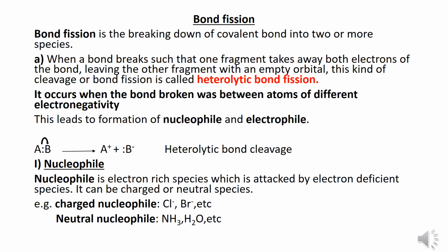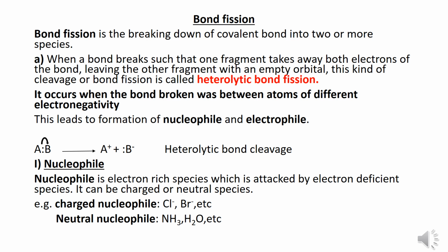So when there is different electronegativity, the atom with high electronegativity will attract the electrons from the covalent bond and leave the one with low electronegativity with an empty orbital. This results in the formation of a nucleophile and an electrophile, as you see in the representation of heterolytic bond cleavage on the video.